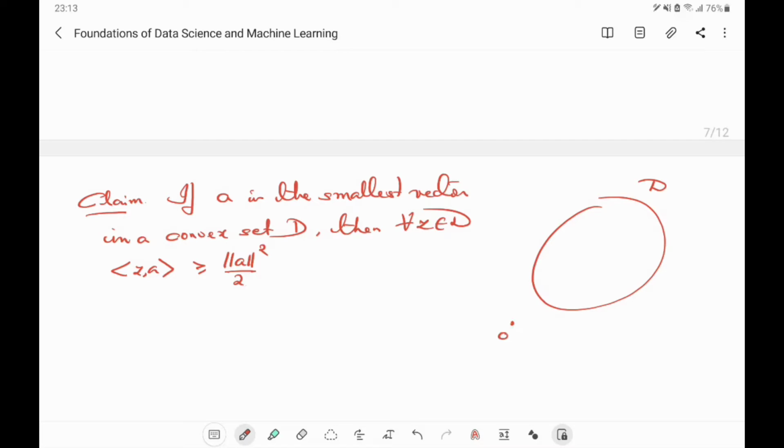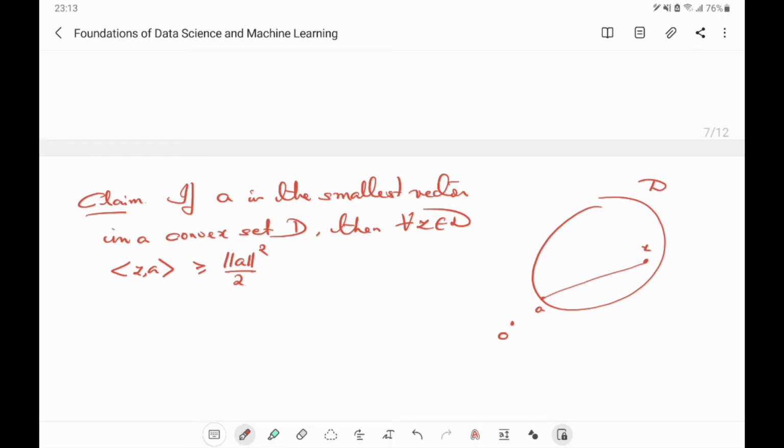So the interesting case is when the origin is outside of the set D and your A is in some sense the smallest vector in D and your Z is somewhere else. What we want to show is that whichever be the Z, this inequality will hold.